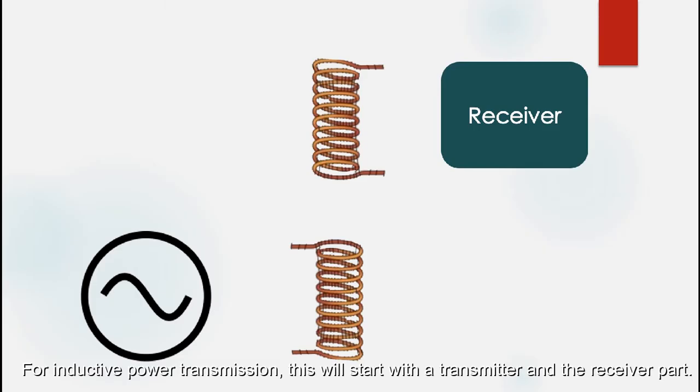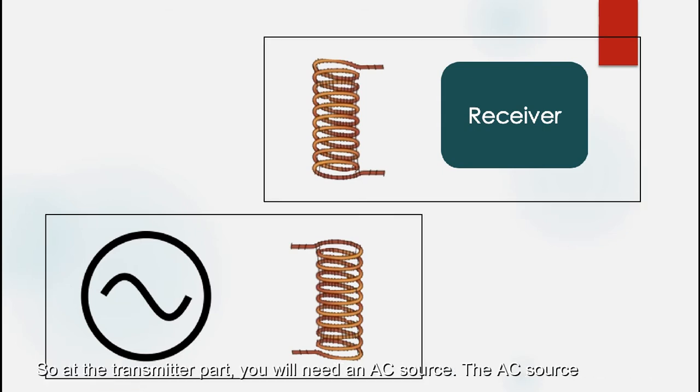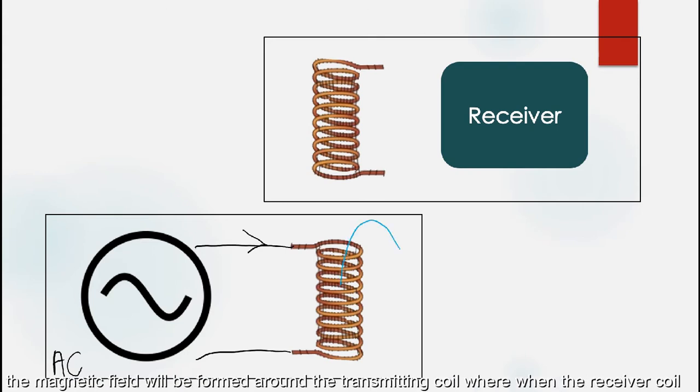Inductive coupling power transmission starts with a transmitter part and a receiver part. At the transmitter part, you will need an AC source. The AC source will supply current to the transmitting coil, and when the current flows in the transmitting coil, a magnetic field will be formed around it.